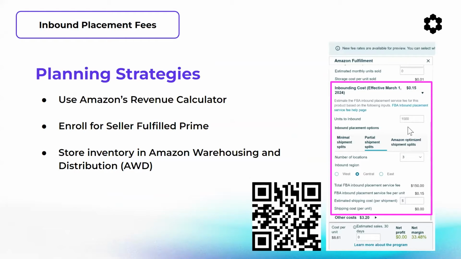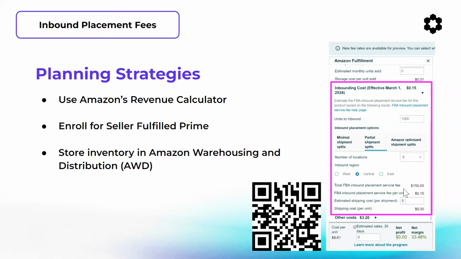So remember, this is the play of planning. We need to plan and decide what our strategies are. The first thing: if you scan this QR code, you will go to the Amazon revenue calculator. In the calculator, they have now added a section, as you can see here, for the inbound cost. Depending on the amount of shipments, so you have the 3 tiers, minimal, partial, or more than 4, and then the regions, you will see how much that will cost you.